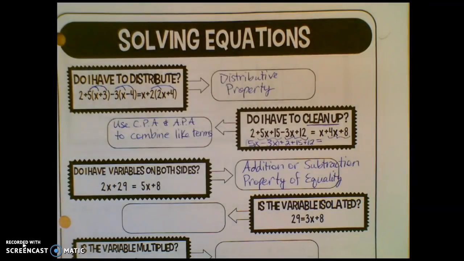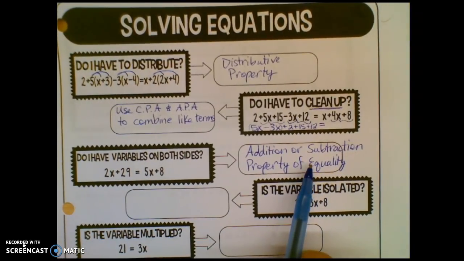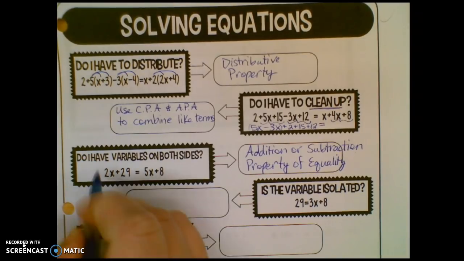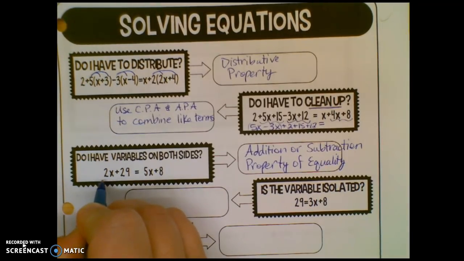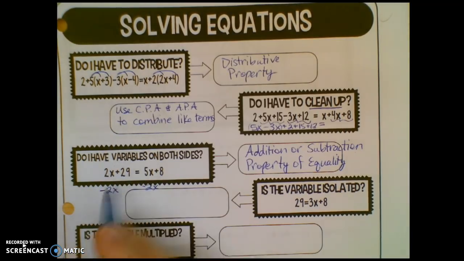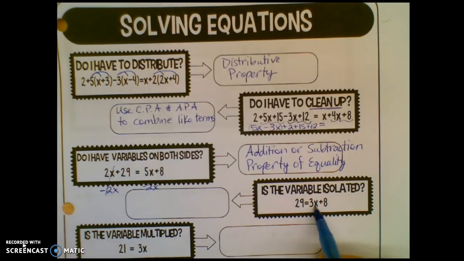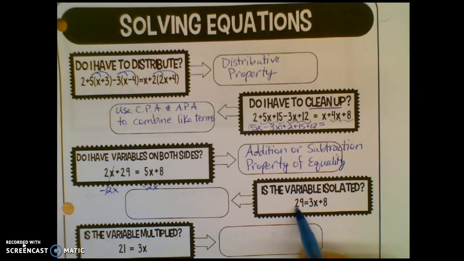So you're either going to add on both sides or subtract on both sides to get the variable term with its like term. So in this case, I would subtract 2x from both sides, which gives 2x minus 2x is 0, and 5x minus 2x gives you 3x, which you can see over here. So then we're left with 29 on the left and 3x plus 8 on the right.